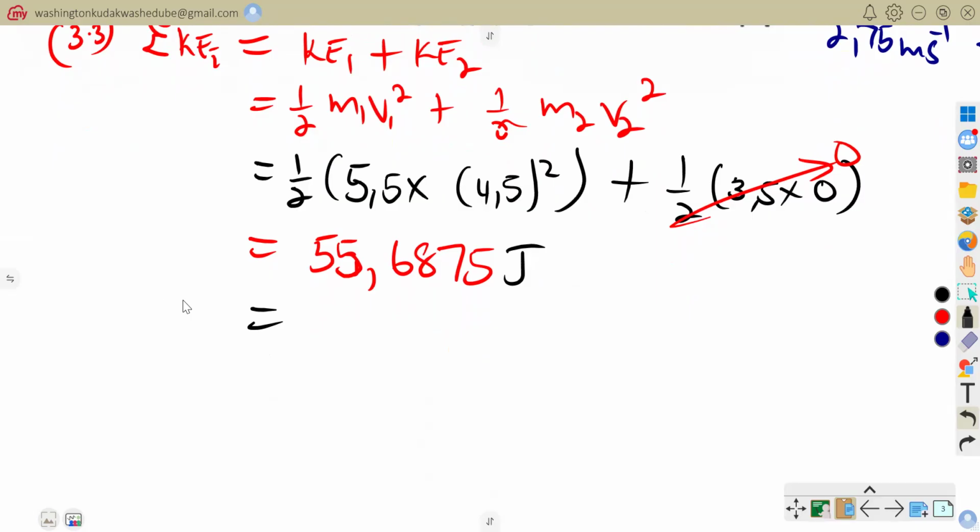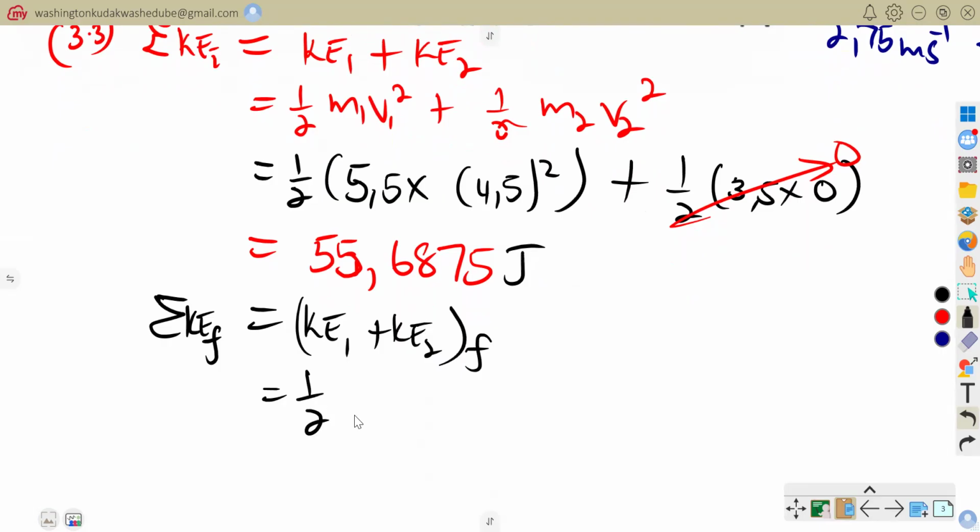So I'll say total kinetic energy final is kinetic energy of 1 plus kinetic energy of 2 at final. I know that these two objects will combine to become one object with one velocity.